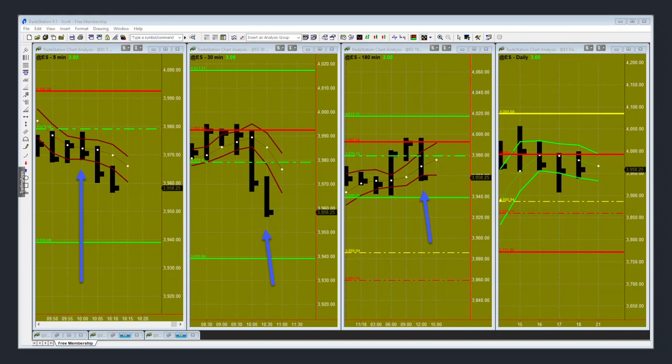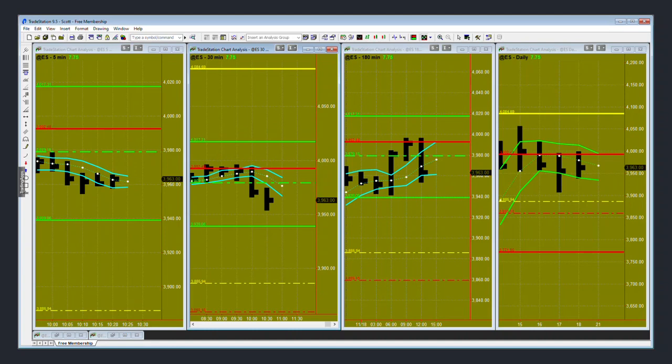So that's where we're at right now, and this bar here is 10:10 in the morning, monitoring this going forward. That's where we left off on the last picture.